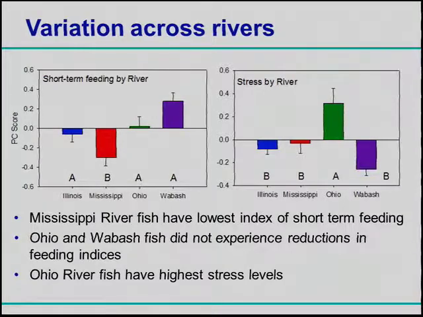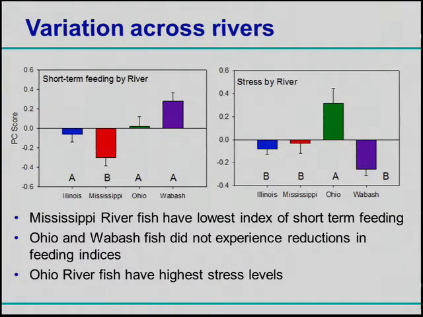So here we've got the Illinois, the Mississippi, the Ohio, and the Wabash stress, and then that short-term feeding index. And again, what you see is that a lot of individuals have lower feeding. The Mississippi River, for example, has the lowest short-term feeding index, whereas here we have the highest stress happening in the Ohio River across all the different time periods. So the Mississippi River has the lowest short-term feeding. Ohio and Wabash did not experience reductions in feeding indices.